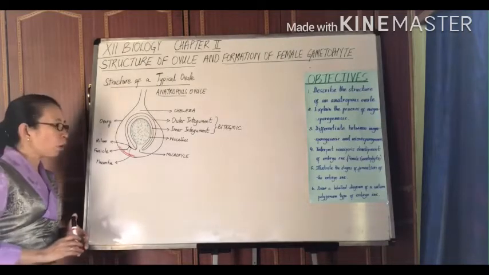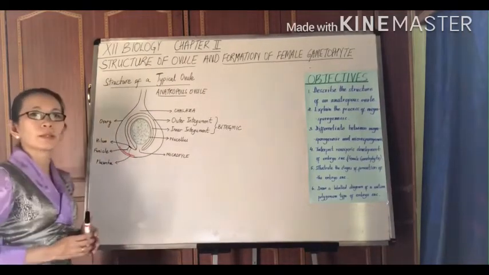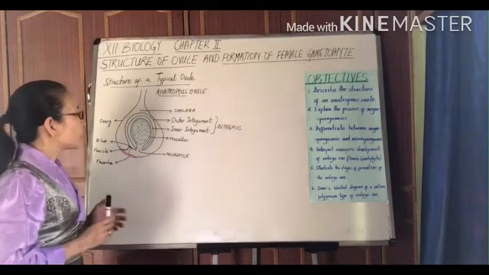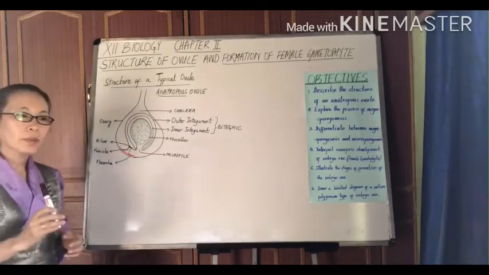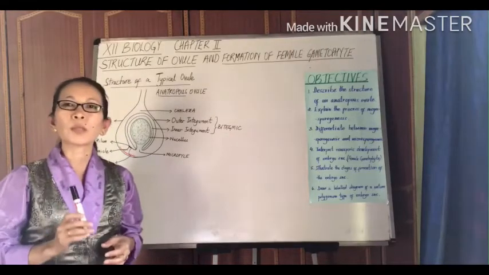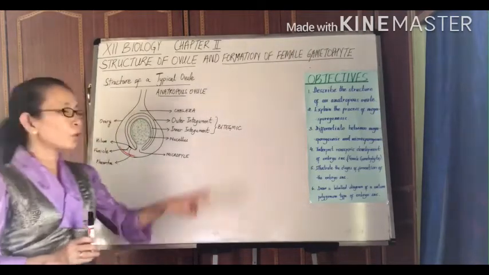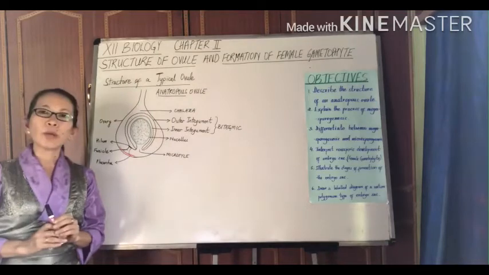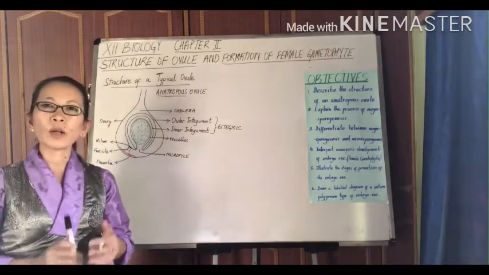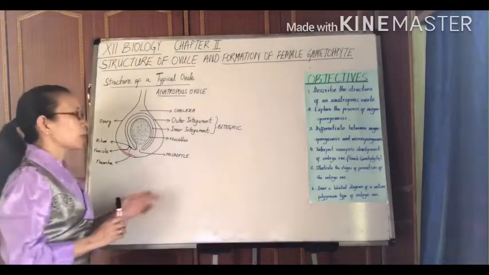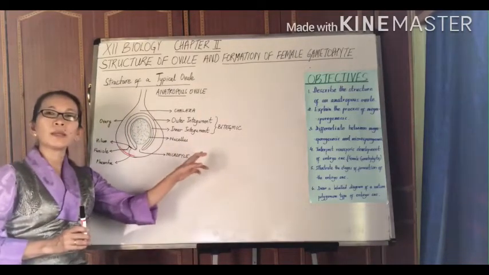Now different ovules can have different amounts of nucellus. Okay, and nucellus is the tissue from which the megaspore mother cell differentiates. So the nucellus tissues eventually grow, and one of the nucellus cells differentiates into a megaspore mother cell.